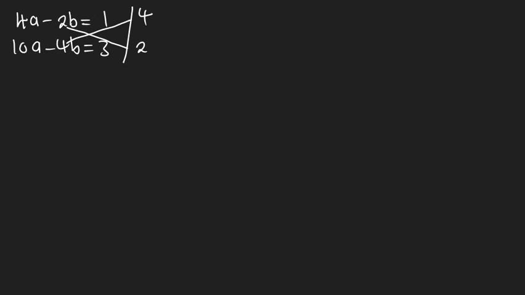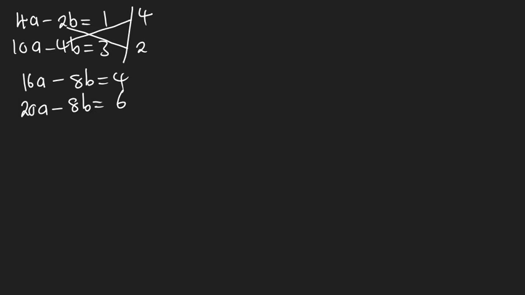Then you're going to have 4 multiplied by 4, it will be 16a minus 4 multiplied by 2, it's going to be 8b equal to 4. 2 multiplied by 10 is going to be 20a minus 2 multiplied by 4 is going to be 8b equal to, this is going to be 6.